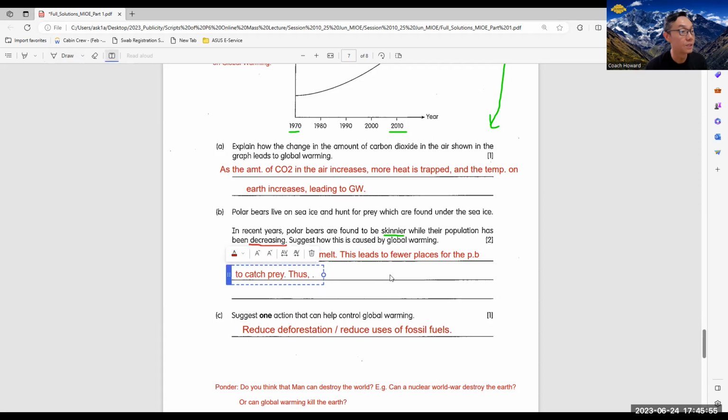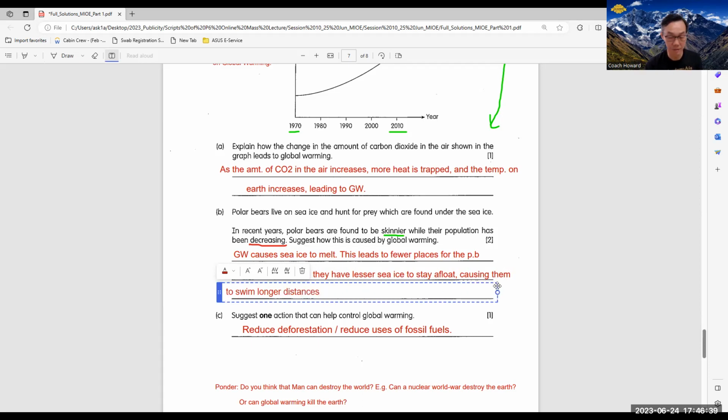To catch prey. Thus, they have less sea ice to stay afloat, causing them to swim longer distances, losing weight.